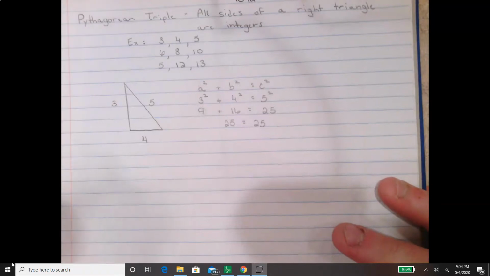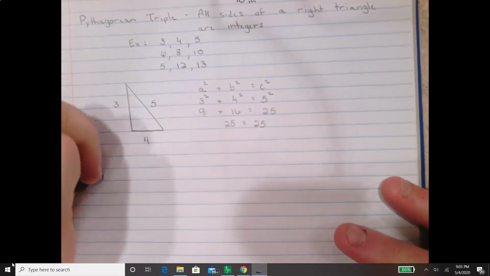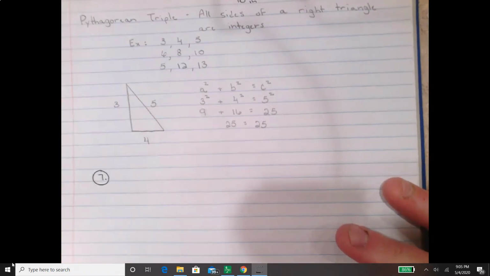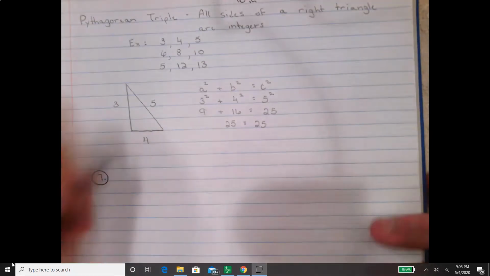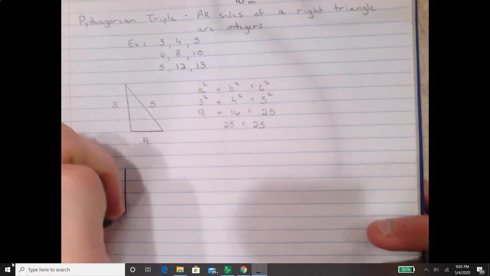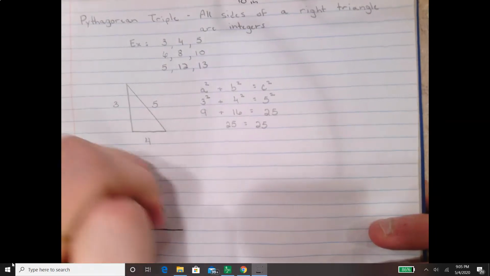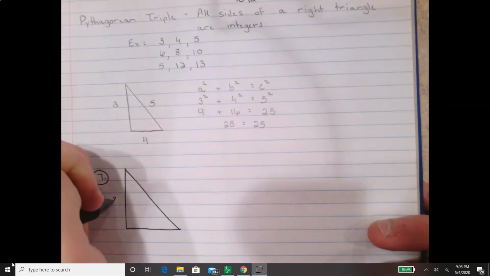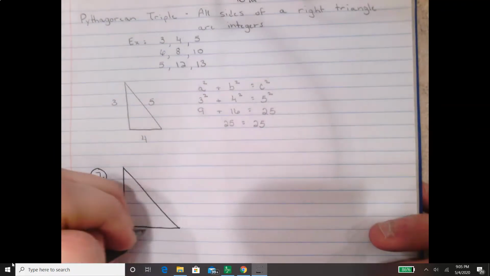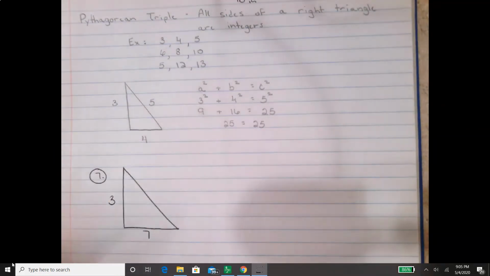Now, for example, we come down here to, I think, problem number 7. Say I were to draw the triangle out, and I were to tell you that one leg was 3 and the second leg was 7. I want you to find my c.